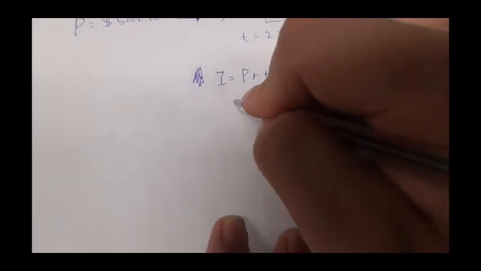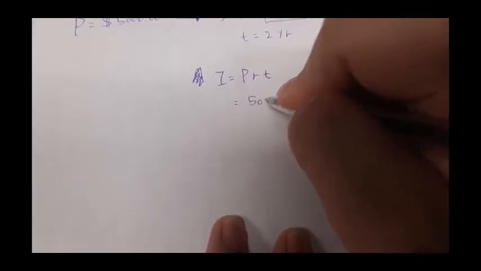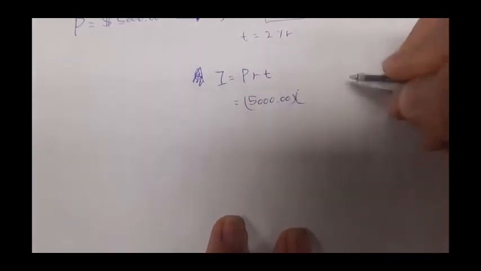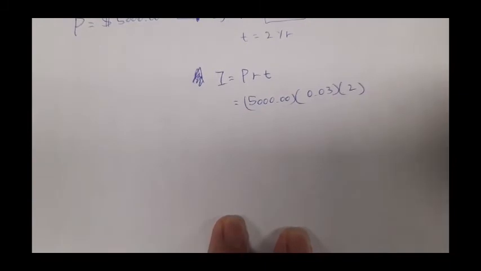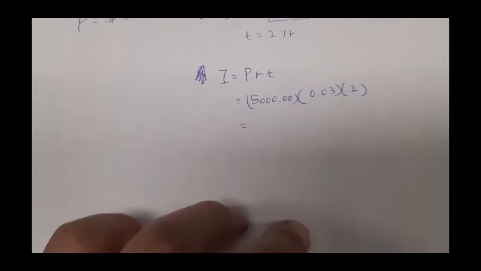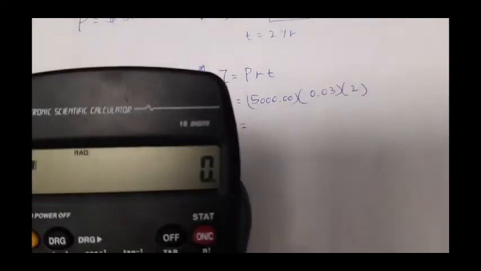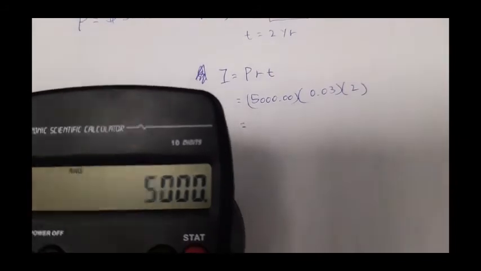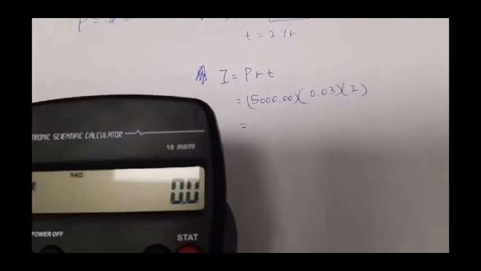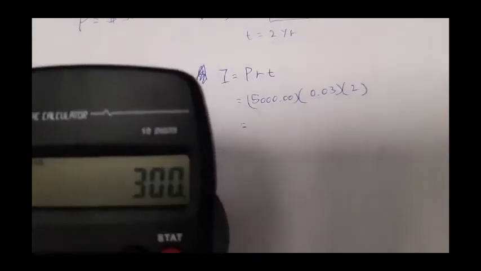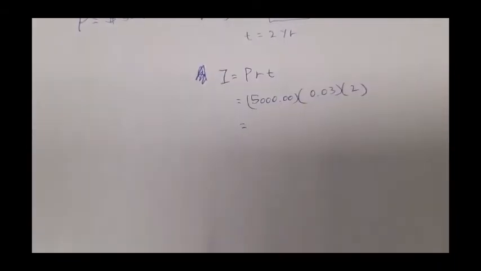So let's do the calculation. I equals PRT. P is 5,000, R is 0.03, T is 2. If you punch those numbers in, 5,000 times 0.03 times 2 is equal to $300.